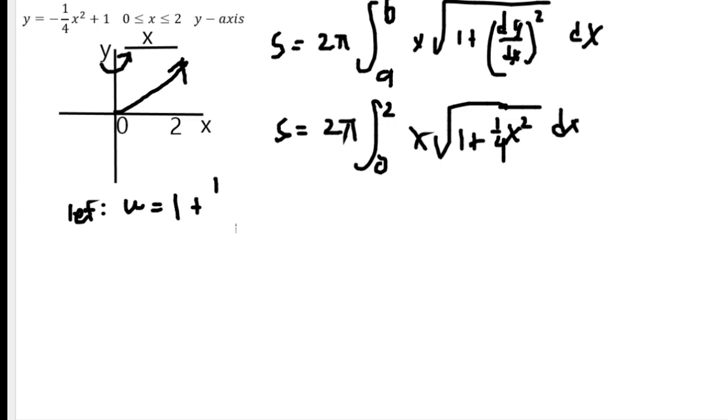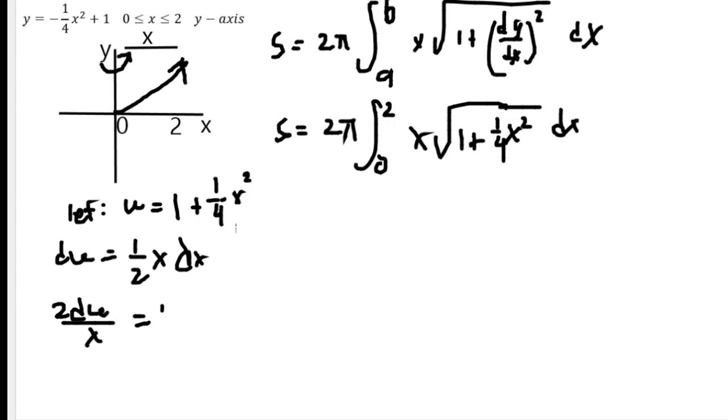So let u equal 1 plus 1/4 x squared. And let's take its derivative. So we got du, so that's going to be 0, so let's just not put it. So we got 1/2 x dx. Okay, now let's just solve for x.